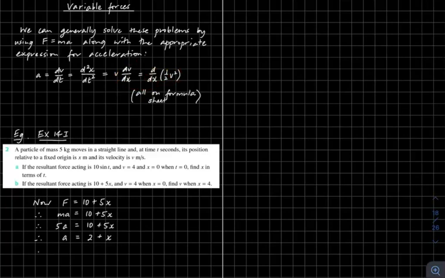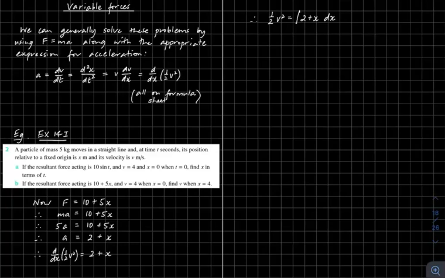I'm going to say, therefore, d/dx of a half v squared equals 2 plus x. So therefore, if we were to integrate both sides, or if that's the derivative of a half v squared, then a half v squared must be the integral of 2 plus x with respect to x.